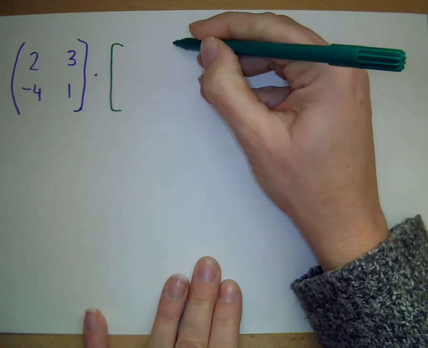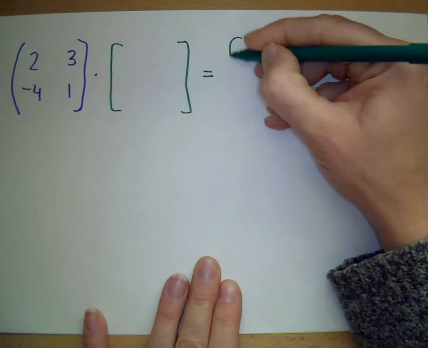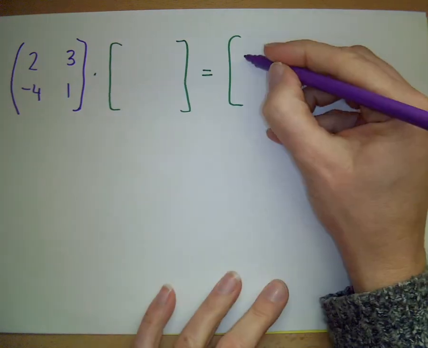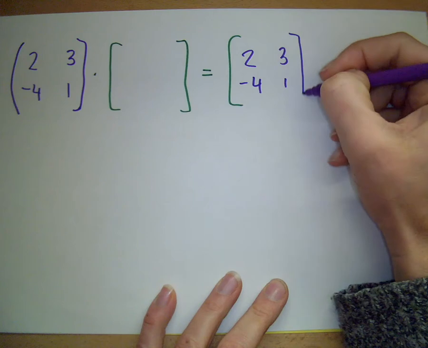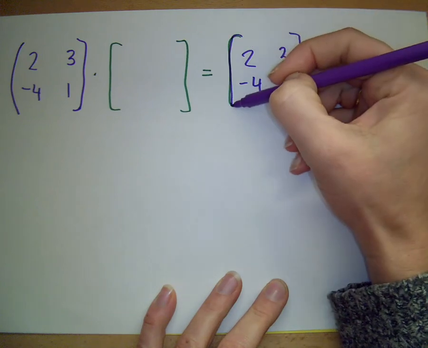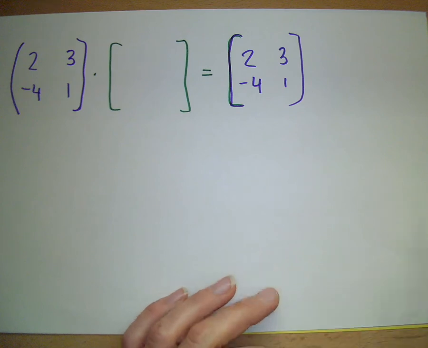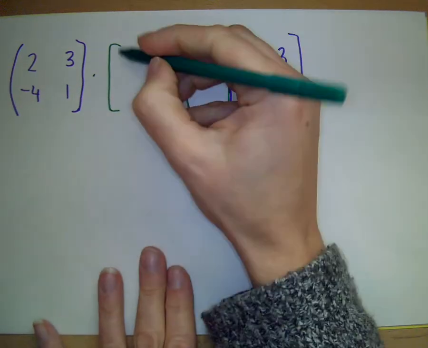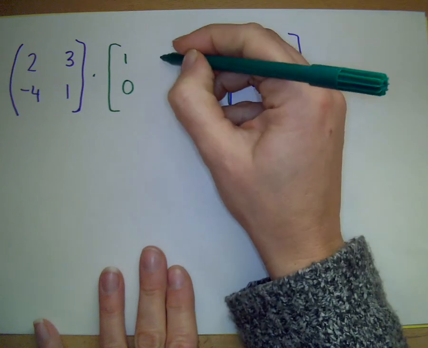What do we multiply it with in order to get our original matrix of 2, -4, 3, 1? What do we multiply it with to get our original matrix? Well, there's one special matrix for that, and it's called the identity matrix.